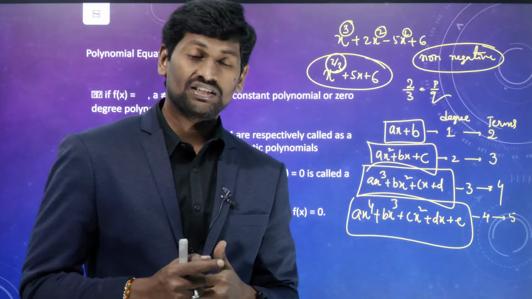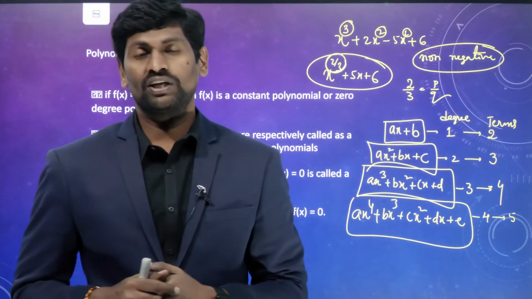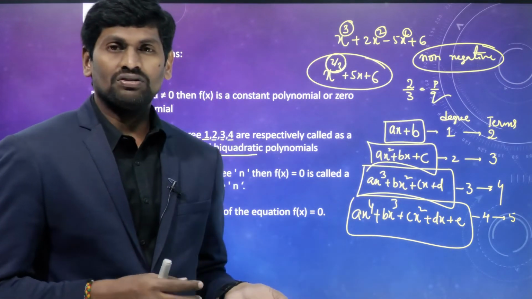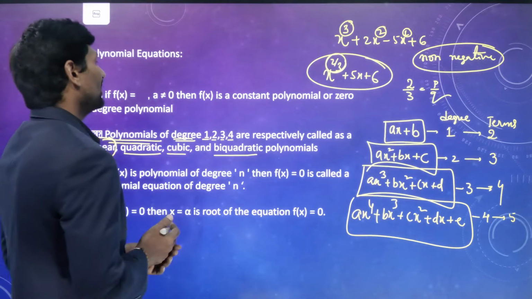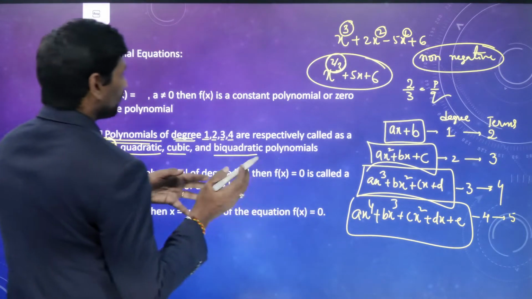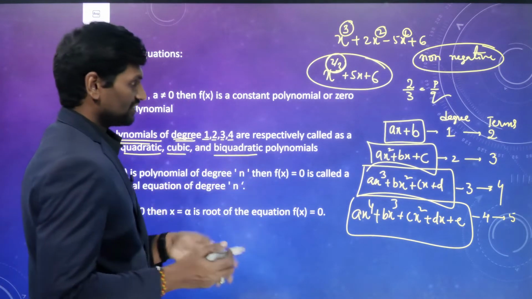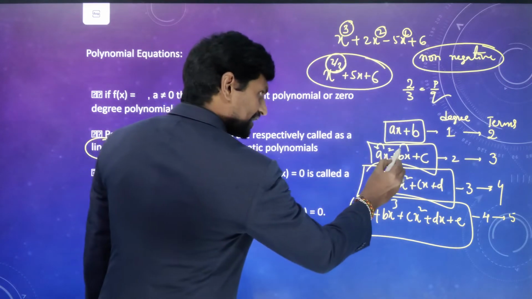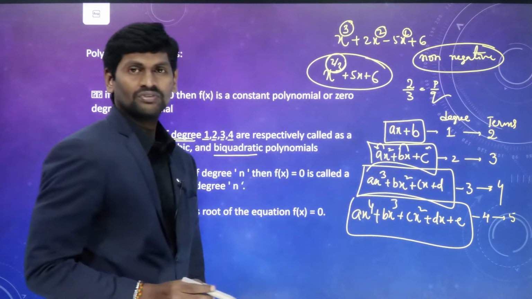In case they ask for a 50th degree polynomial, we have only 26 letters. So instead of letters, we take coefficients. Here a means the x square coefficient, b means the x coefficient, c is the constant term.